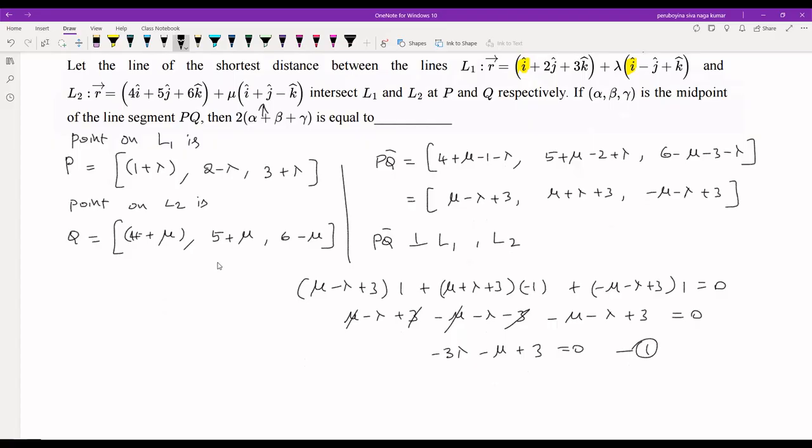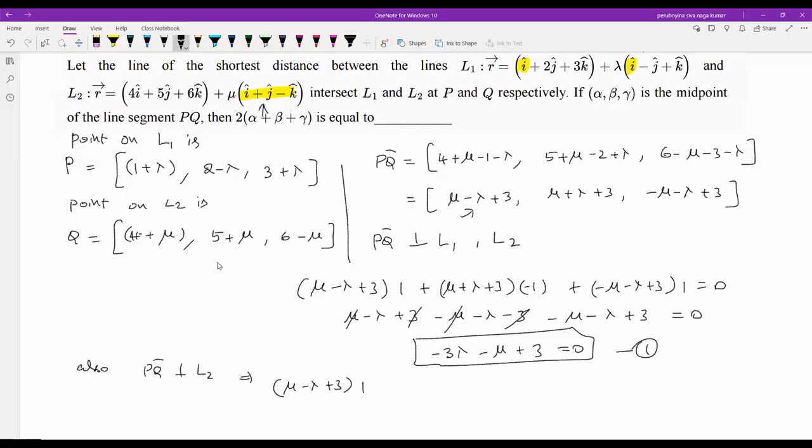And also it is perpendicular to L2. Now use these DRs the same way. PQ bar is perpendicular to L2, implies take PQ bar DRs, mu minus lambda plus 3, the first DR, into 1, in this line all ones only. Second line, last quadrant minus 1.